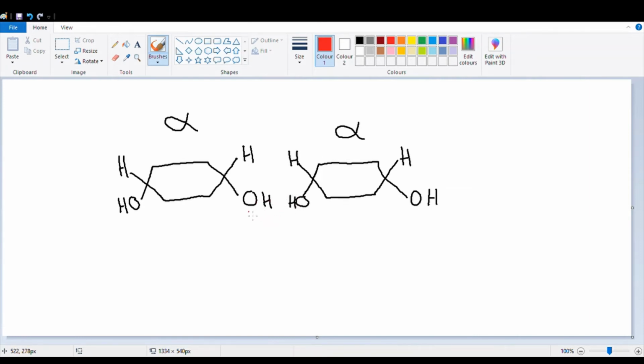Now, the reaction occurs between this hydroxyl group here on our left-hand molecule of alpha glucose and this hydroxyl group here on our right-hand molecule of alpha glucose. So when we circle the reacting atoms, we want to make sure that we circle H2O.